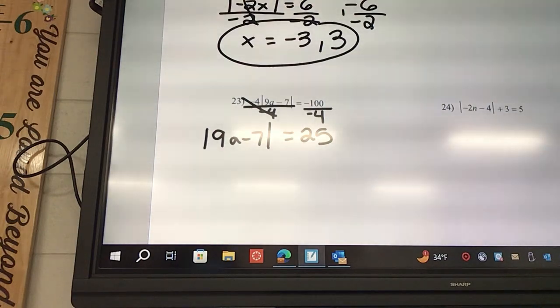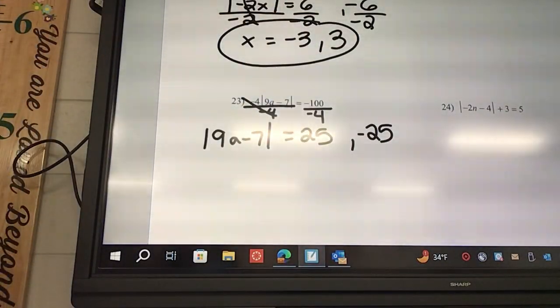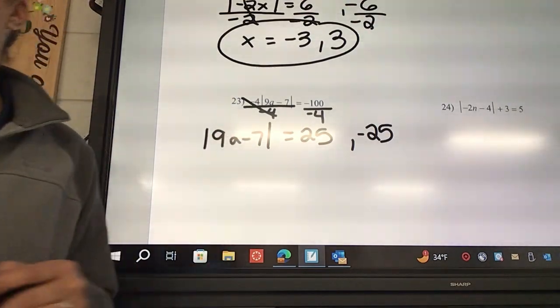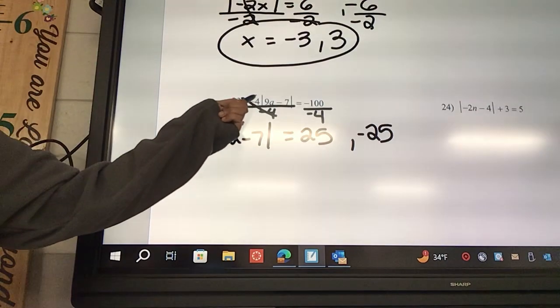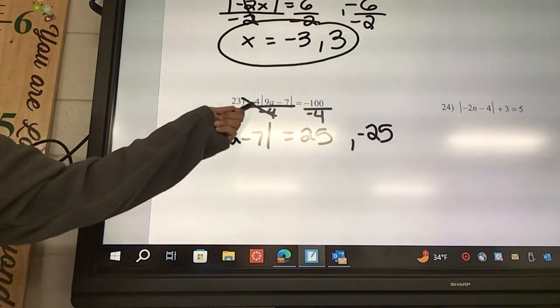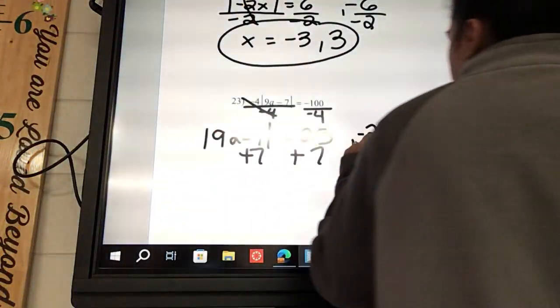Now that the bars are by themselves, we can say comma, negative 25. Why do we divide by negative 4? Because when it's next to something, it always means times. Oh, and yeah, we have to do the opposite. Yep. Okay, so we're going to say plus 7.